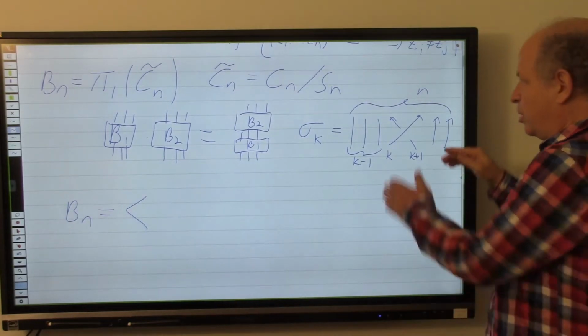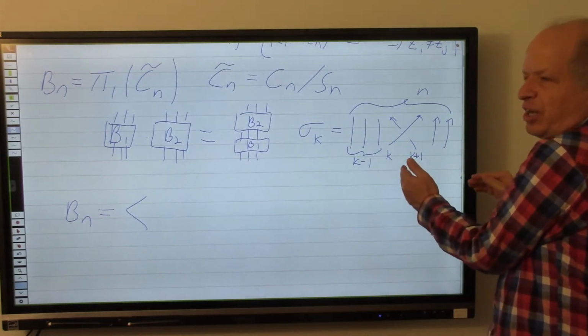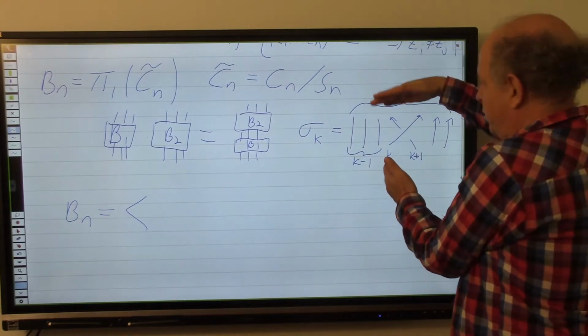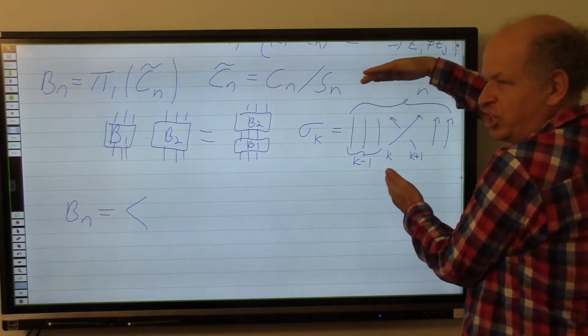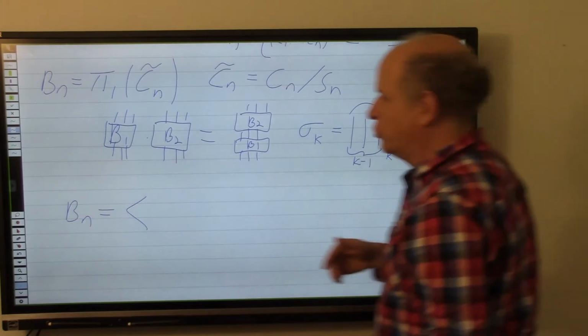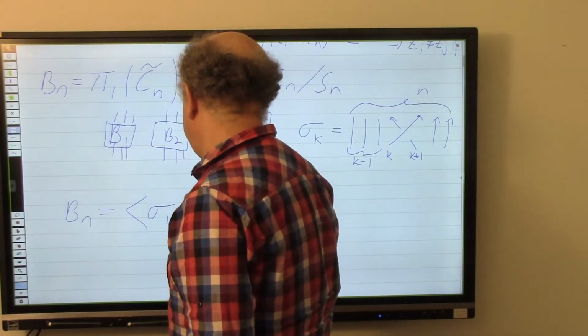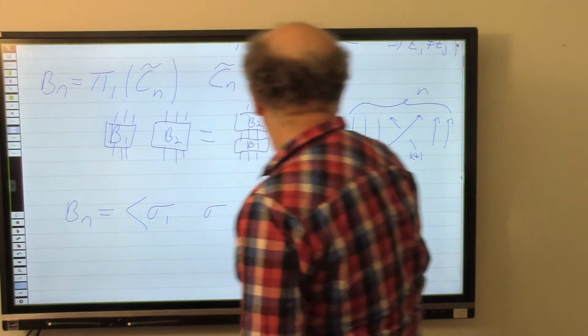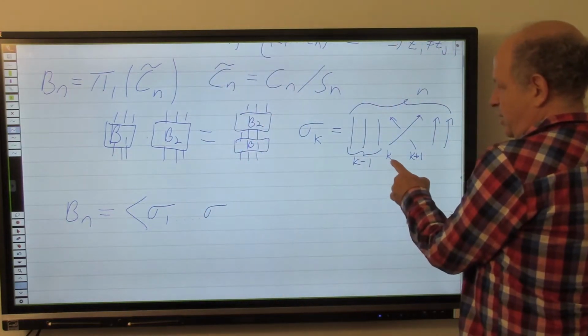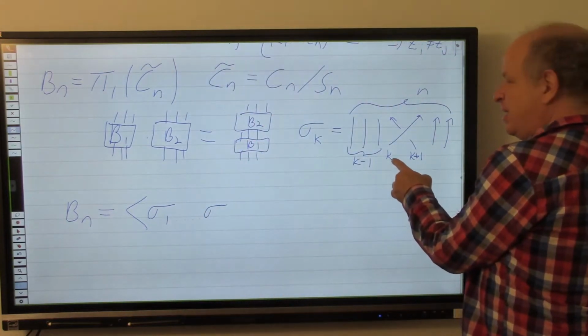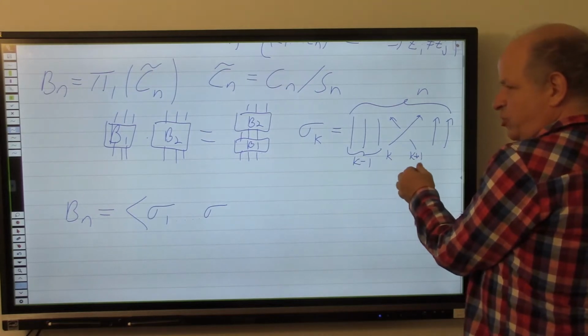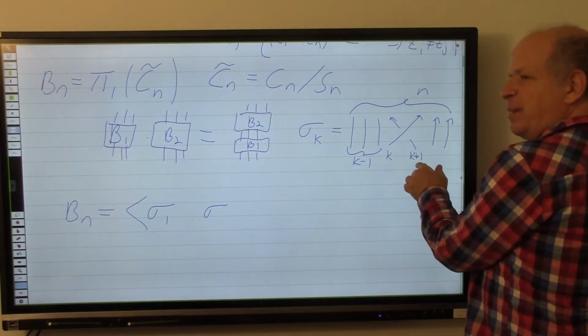So clearly these generate. Whenever you have a braid, you can present it as a composition of such. And so Bn is the group generated by sigma 1 up to sigma n minus 1, where sigma k is a switching of strand k and k plus 1.